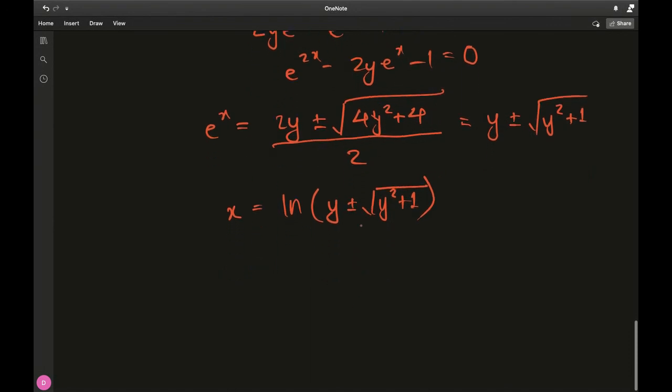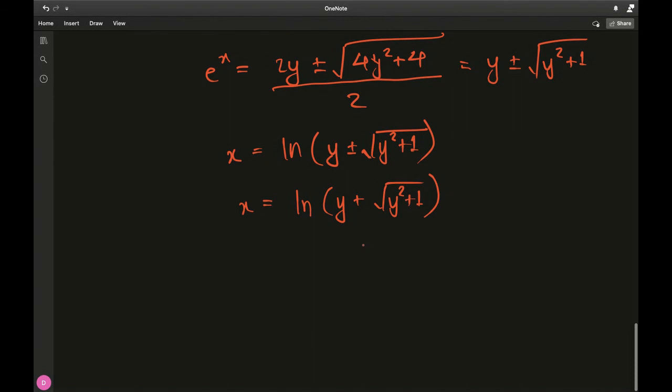Now the thing is, you can't have a negative argument for the natural log. So just to avoid the risk of this inner quantity being negative, let's eliminate the negative root for now. So we have natural log of y plus square root of y squared plus 1. We just eliminate the minus from the plus or minus.